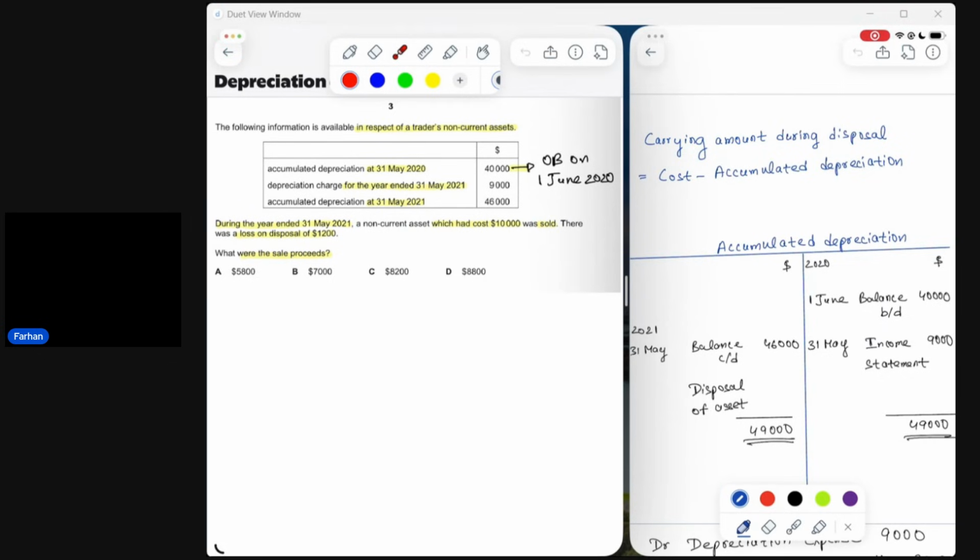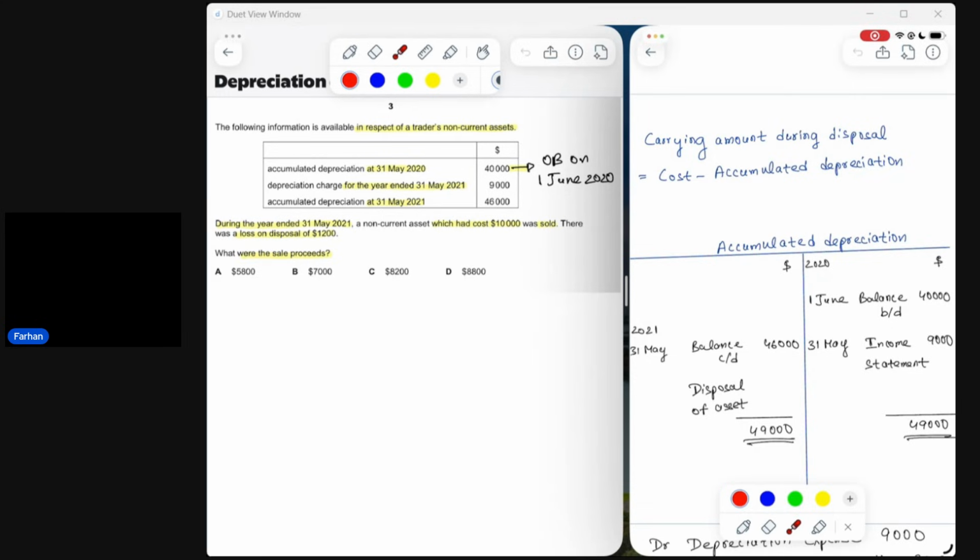Now, we understand that the carrying amount at any given point in time, or in this case, the carrying amount during disposal, is simply the difference between the original cost and the total or accumulated depreciation. In the table, we are given the accumulated depreciation closing balances at 31 May 2020 and also at 31 May 2021, right?